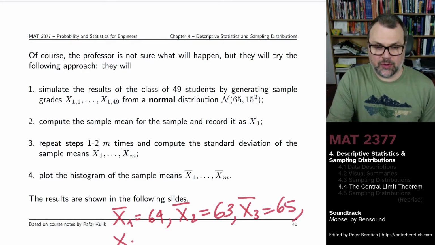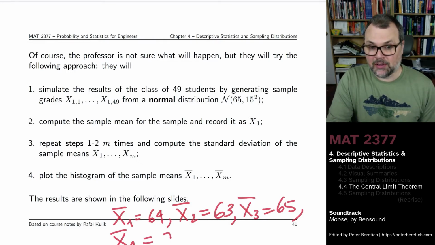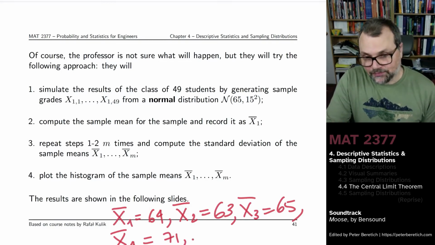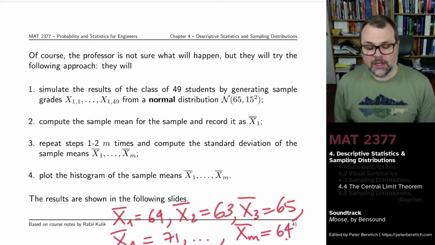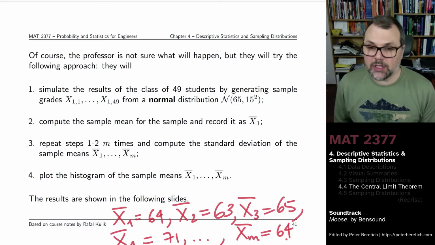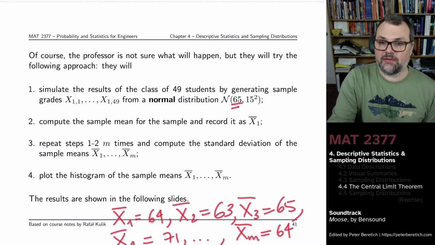And the next time we do it, we got a funky sample, and this time the class average is 71. That could happen. In general, what you would expect to see is that most of these sample means should be close to 65.